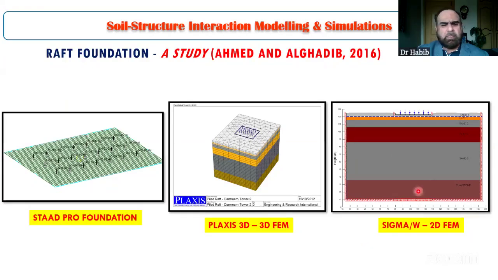So in this study, basically, different thicknesses of raft and different strengths of the subgrade soil or the foundation soil were adopted, and different combinations of raft thicknesses and soil strengths were used to understand the comparison between STAAD Pro results and the finite element model based software.